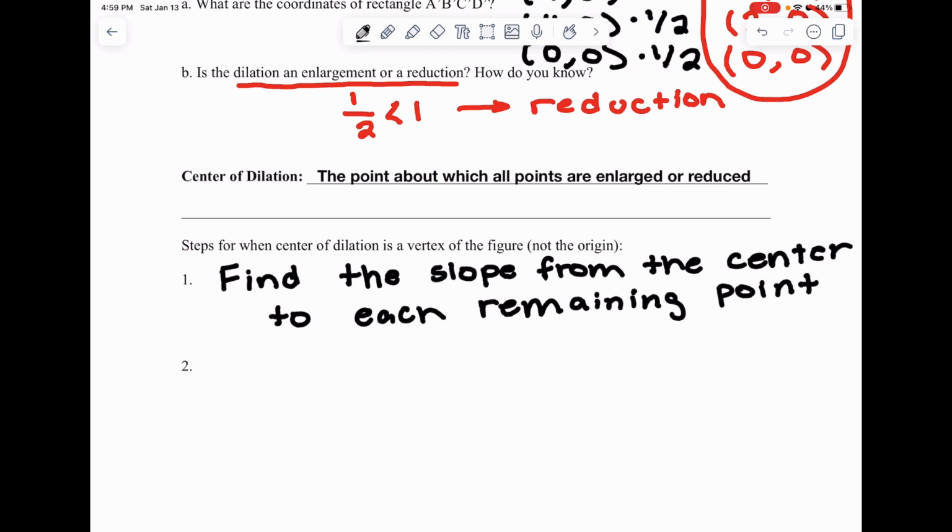So from the center of dilation, we are going to count the rise over the run to each remaining vertex. Then we are going to multiply the scale factor to each slope.